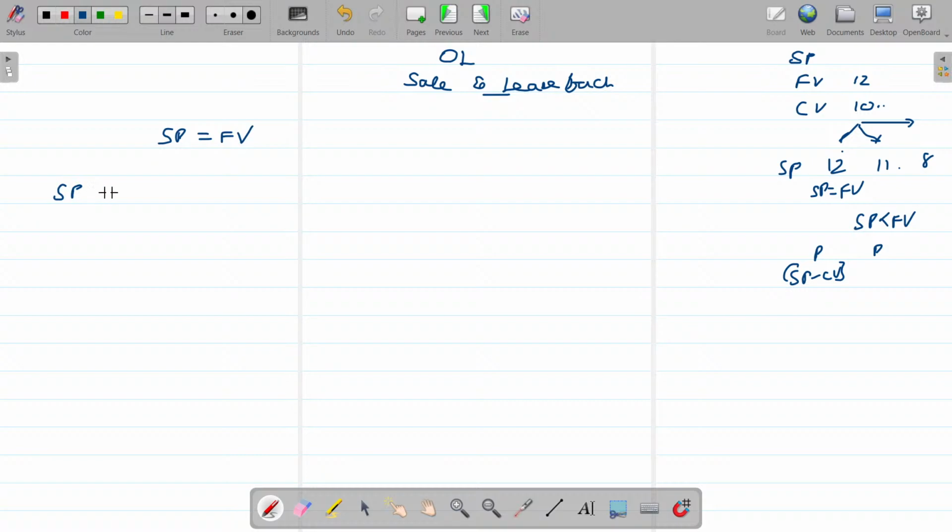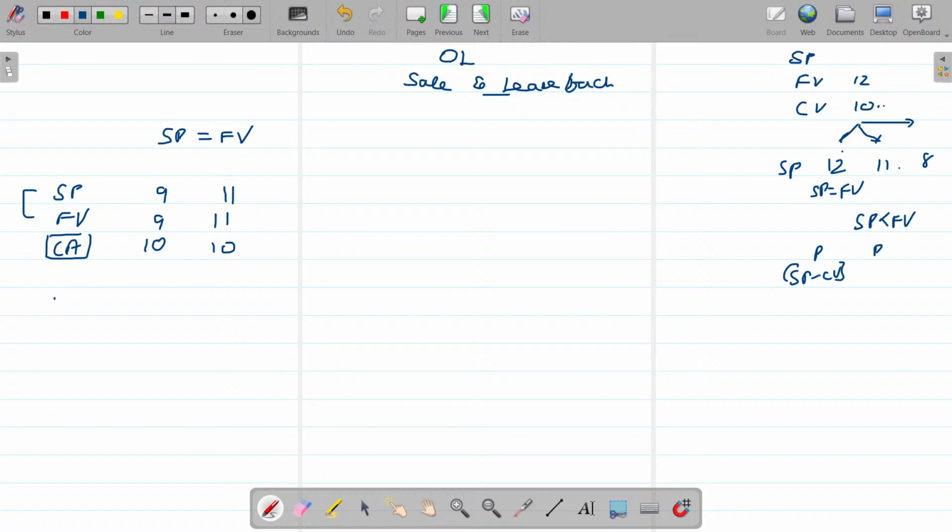Sale price being fair value and carrying amount. I assume that the carrying value is always 10. I keep this static. Fair value being 9 and sale value also 9. These two are equal. Here 11 and 11.